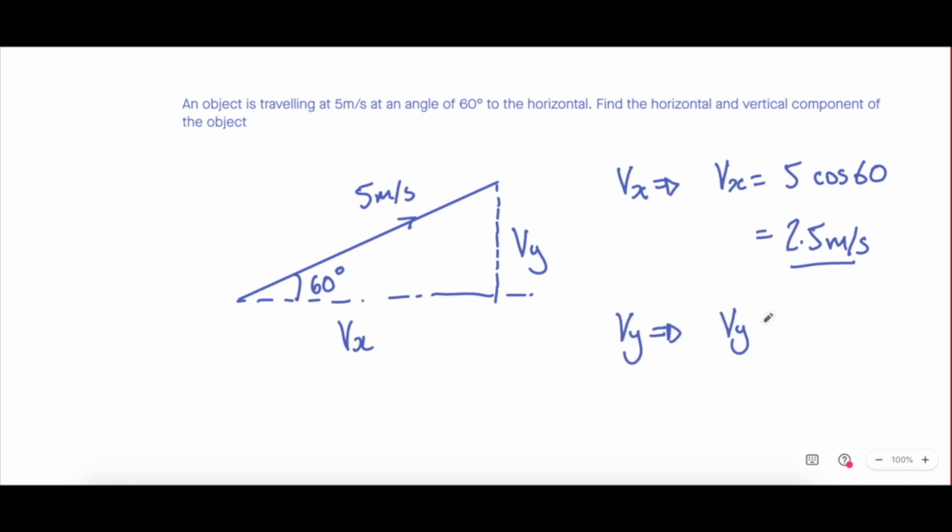Vy, this is going to be sine because it's opposite and hypotenuse, so sine 60 is equal to Vy over 5. You rearrange that, you get 5 sine 60, and that gives us an answer of around 4.33 meters per second.